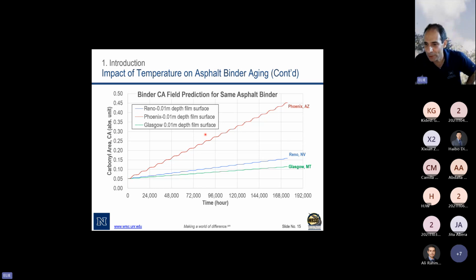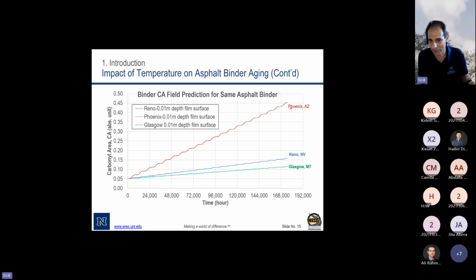What you see is the Reno and the Montana one, they see very similar aging, whereas the one in Phoenix, though we didn't see low temperatures, sub-zero temperature, oxidized at a much faster rate. So there is a lot of tendency here with that PG64-22. If I use it in Phoenix, Arizona, it's going to crack due to thermals because it's oxidizing at a faster rate.